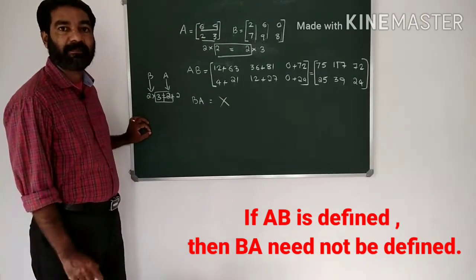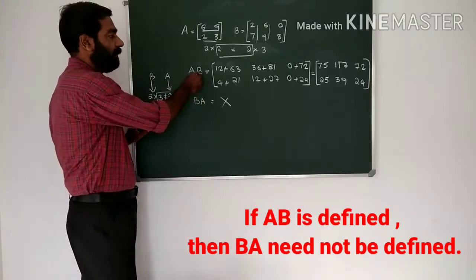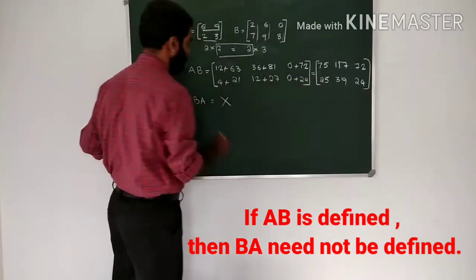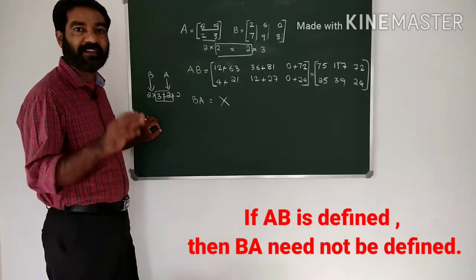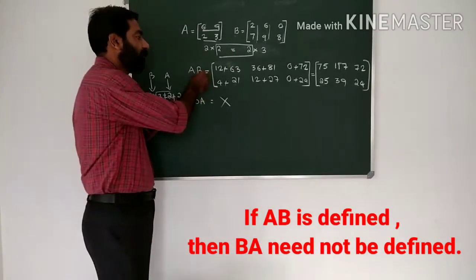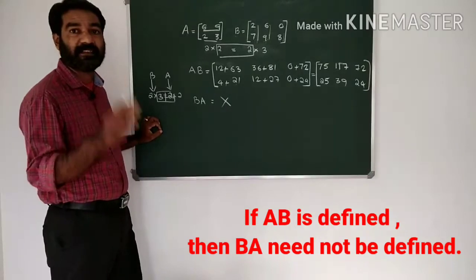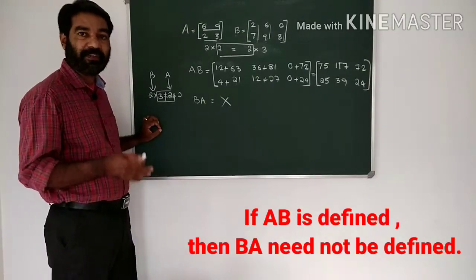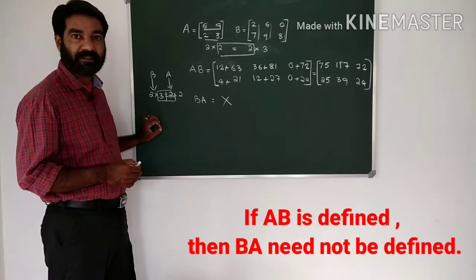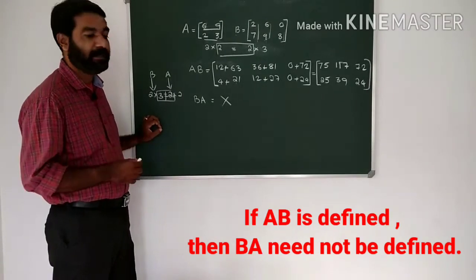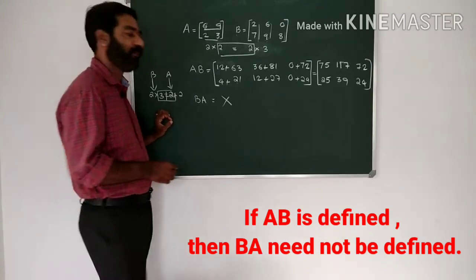We can't find BA. See, AB is possible, but BA is not possible. From this, it is very clear that if AB is defined, it is not necessary that BA is defined. If AB is defined, BA need not be defined. Remember that.